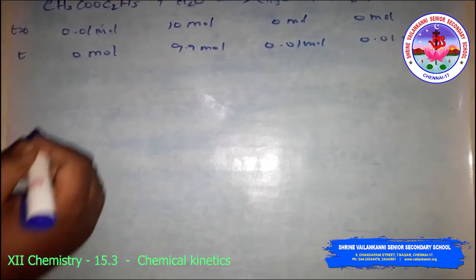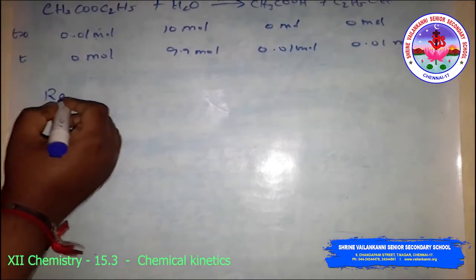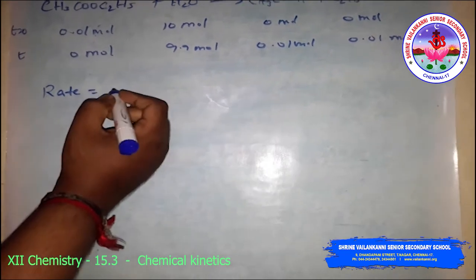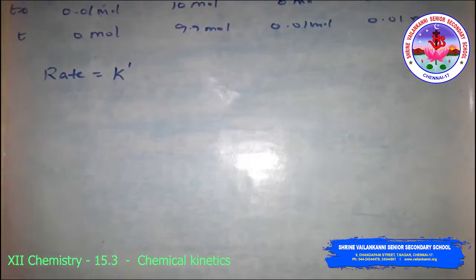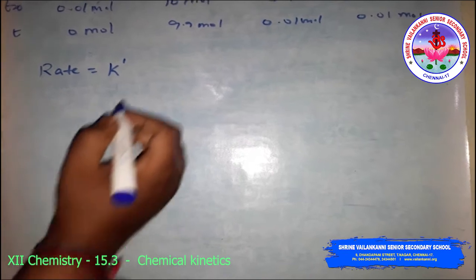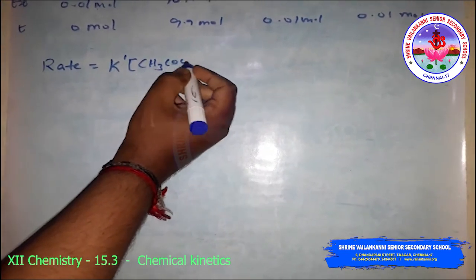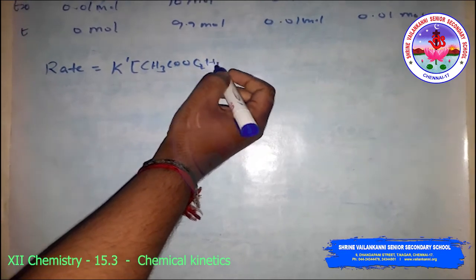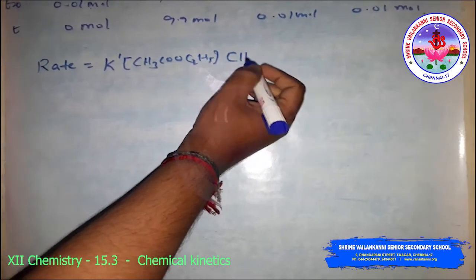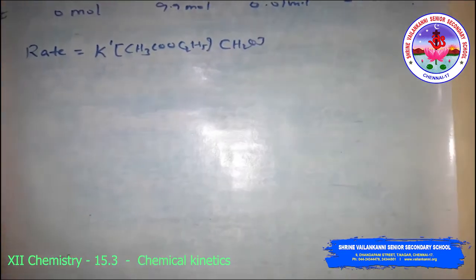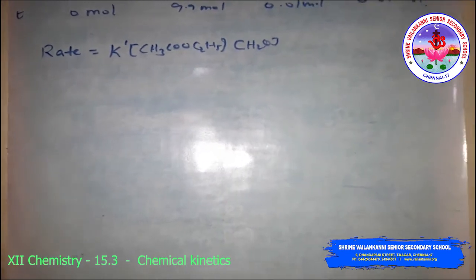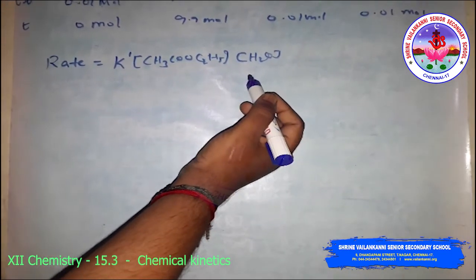So the rate equation will be what? Rate is equal to k dash into the concentration of ethyl acetate and the concentration of water. Here the water molecule is taken as a constant.